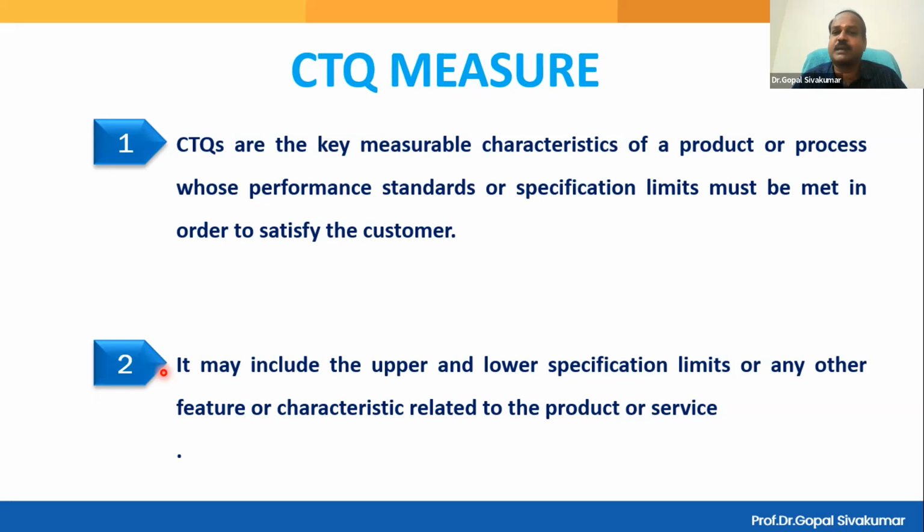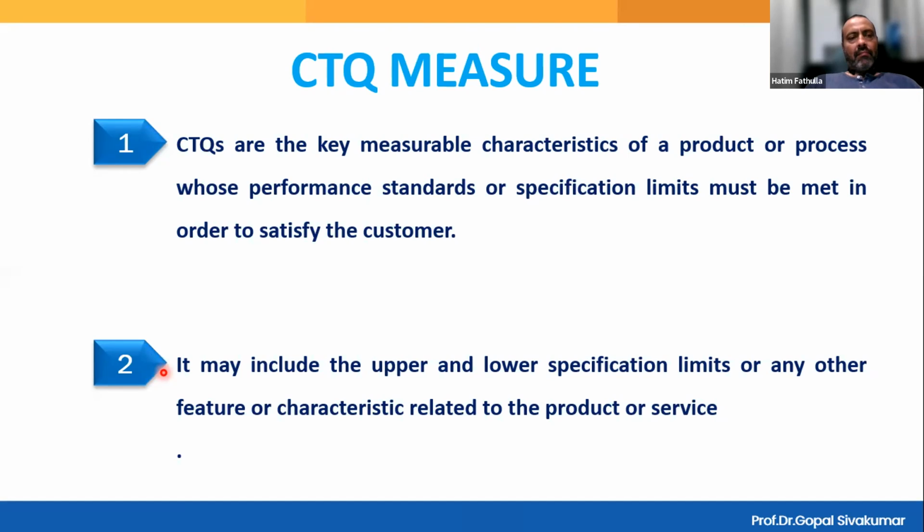But 0 means the food is coming from your neighbor's house, not from Swiggy. Practically, it is not possible, so you can make some assumption. Maybe 10 minutes it might take. Even though it says 30 minutes, you can expect the food to come anytime between 10 and 30 minutes. If you are clear about the upper spec and lower spec, then the center point is the target.